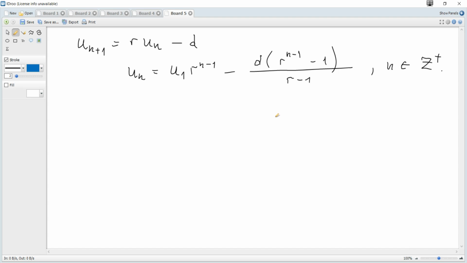Since it's about mathematical induction, as usual we consider n is 1. For n is 1, the left hand side is un, which is just u1, and the right hand side is this.